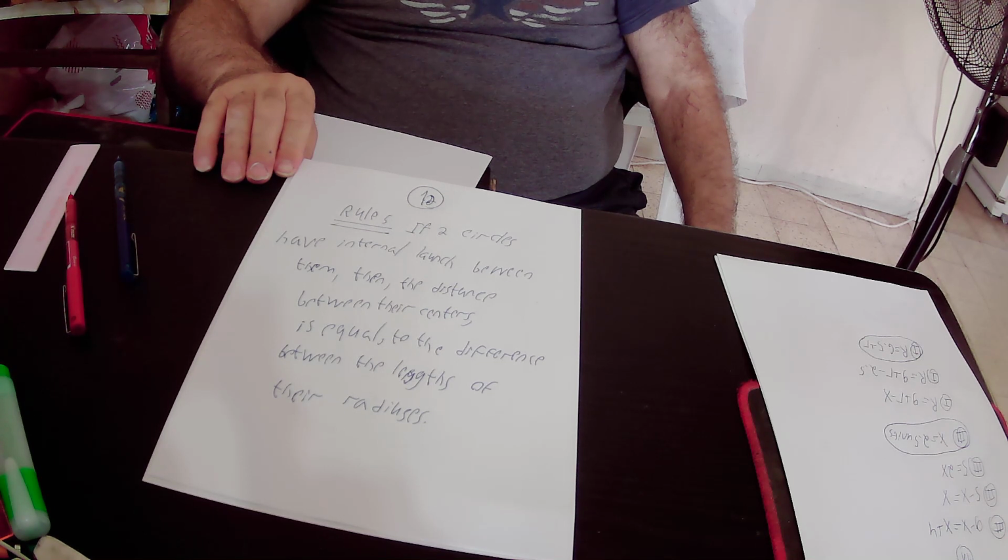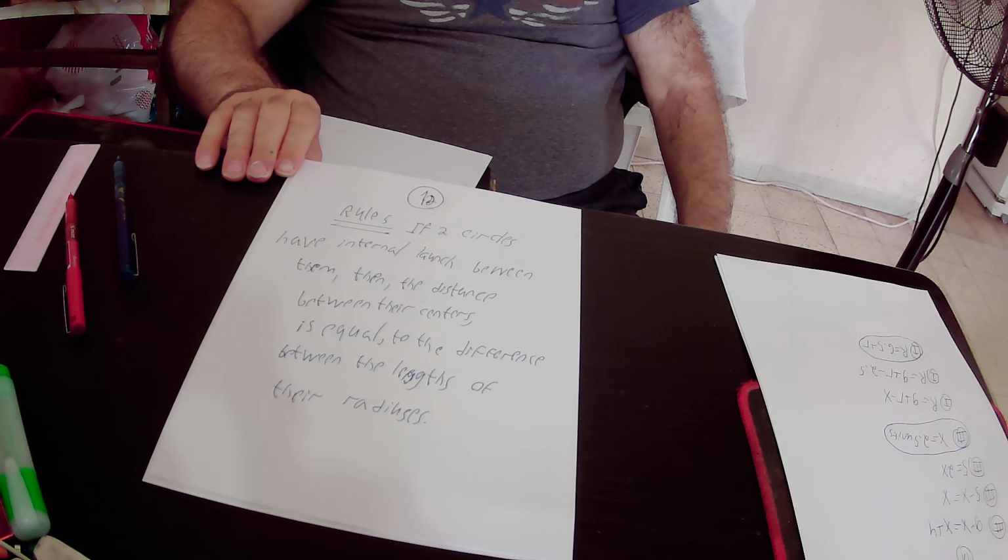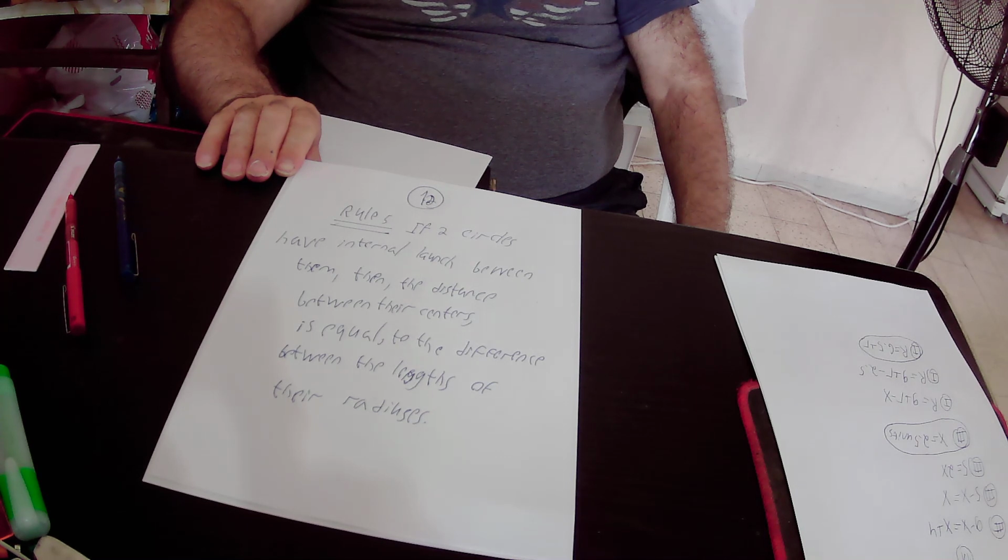The meaning of rule number 5 is that if two circles touch each other internally at a certain point, then the distance between their centers equals the difference between their radiuses. So if the distance between their centers is D, and R1 is the radius of the big circle and R2 is the radius of the small circle, then according to rule number 5, D equals R1 minus R2.